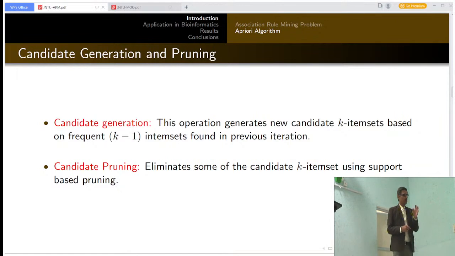Suppose we have already found all frequent 2-itemsets. From them, we generate possible 3-itemsets, for which we have to check whether they are frequent or not, right? So this is candidate generation, and there is a technique called candidate pruning, by which we can discard some of the candidates without computing their support. These are the 2 steps by which the Apriori algorithm works.